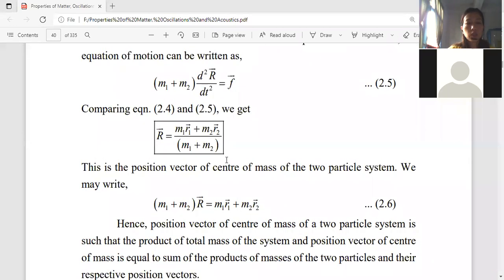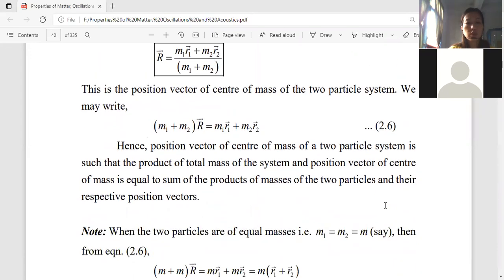We solve this equation again, and the denominator comes to the left hand side, and it becomes m1 plus m2, close the bracket, times vector R, and the right hand side will be as this. So we get equation 2.6.